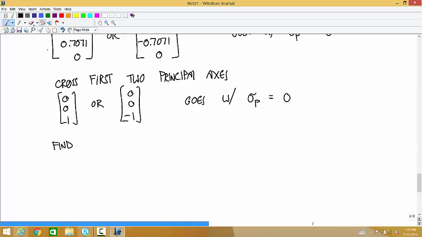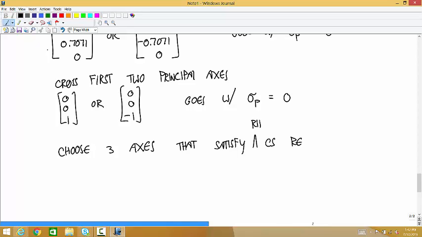So now you just have to choose three axes that satisfy the coordinate system requirements, and that's the right-handed coordinate system requirements. And just like we did before, I'll just write it like we had it before.